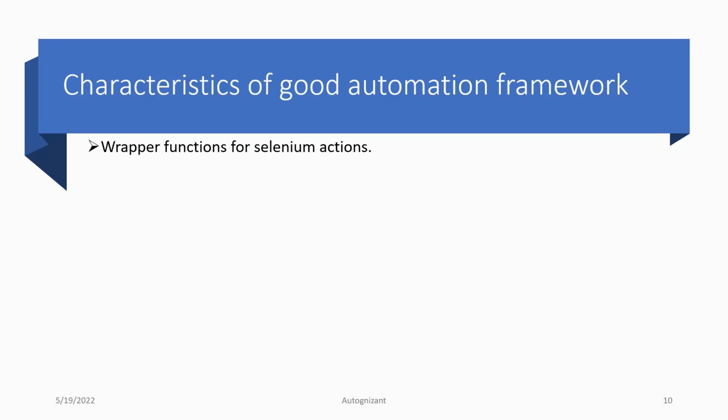When we write Selenium code, we have to first create driver object, then we have to identify element, and we have to wait for visibility of that element, and then we can perform action on that element. So there are a couple of lines involved in this process, and we don't want to write the same code for identifying element, for performing wait operation on that element, and then performing the actual operation on that element, right?